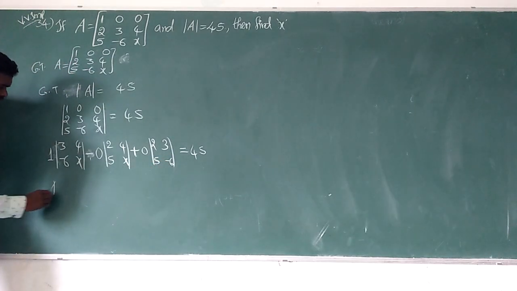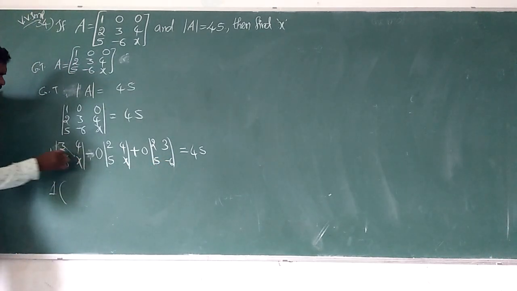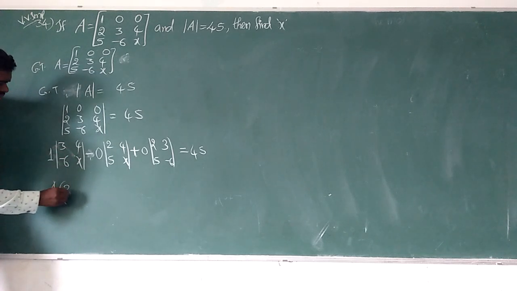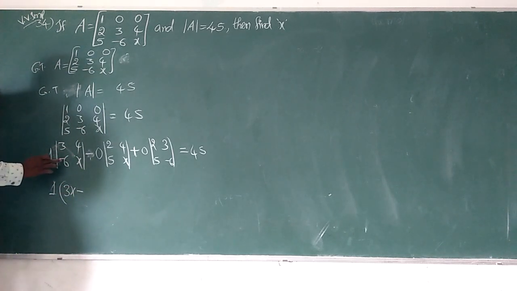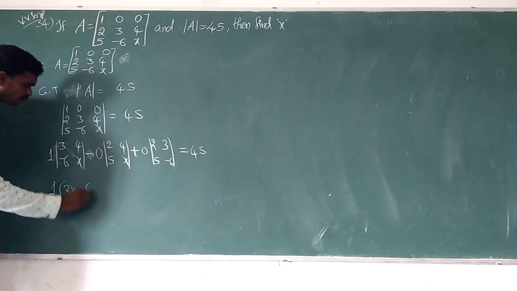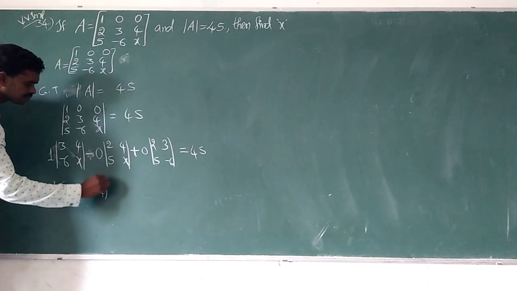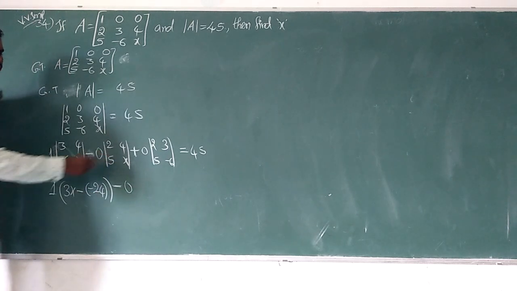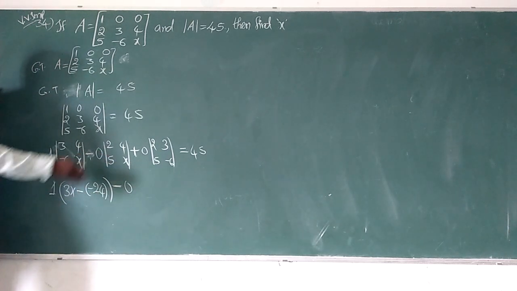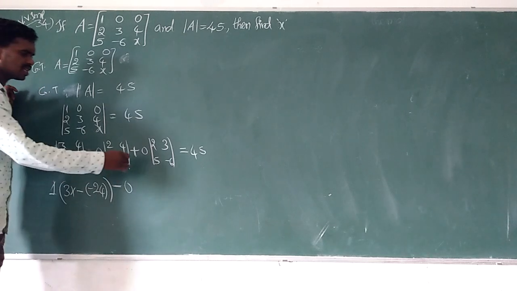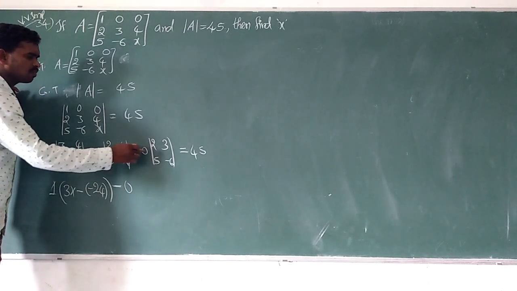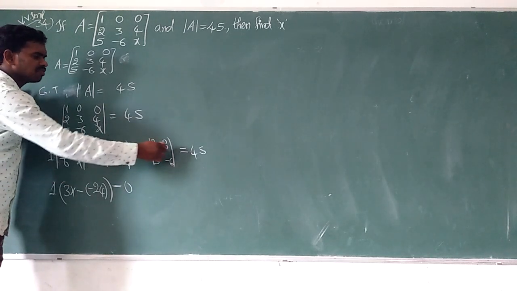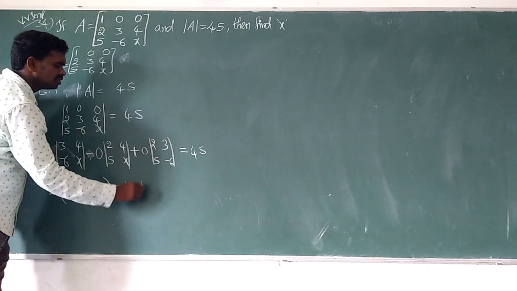And for the 1, cross multiply: 3 into x is 3x, minus (-6 into 4) is plus 24. Next, minus 0 into something, what will you get? 0, so no need to compute, to save time. Plus 0 into something also becomes 0.